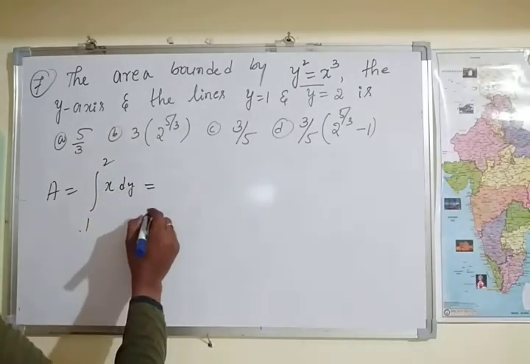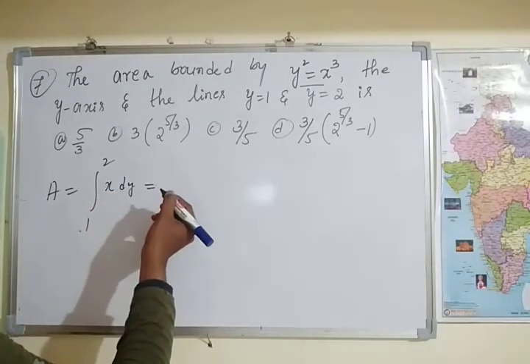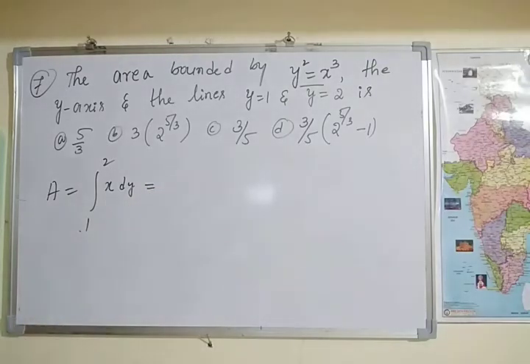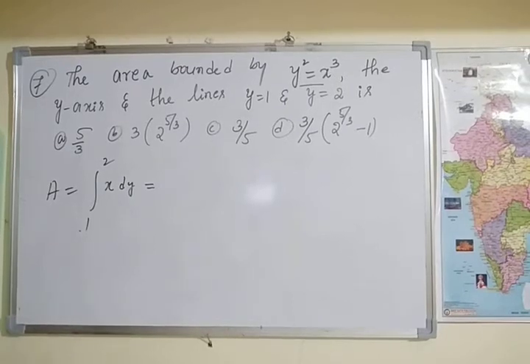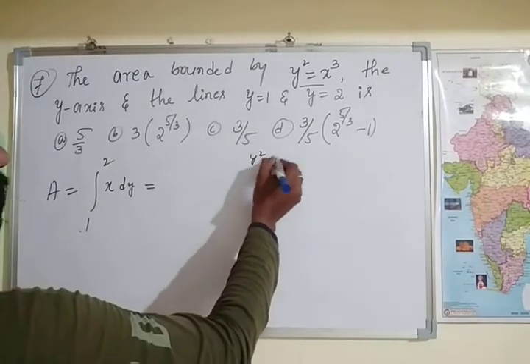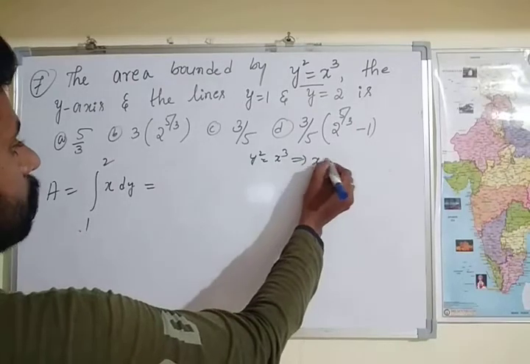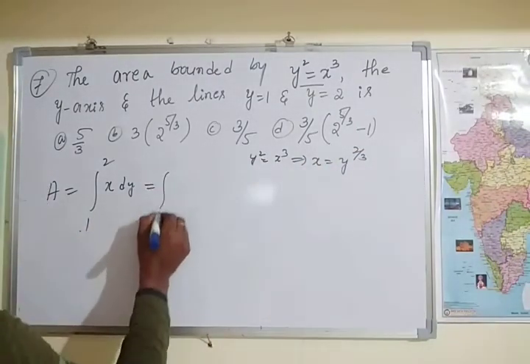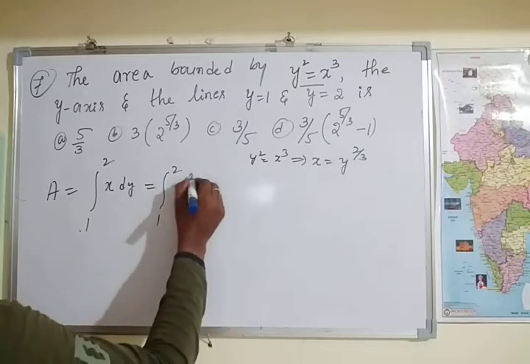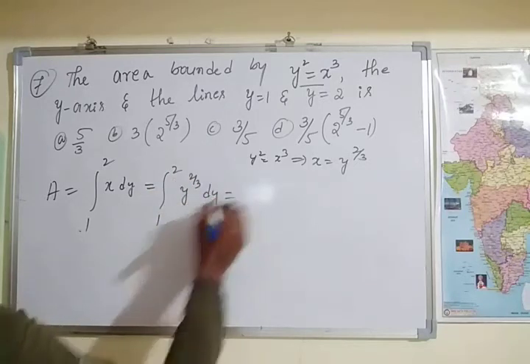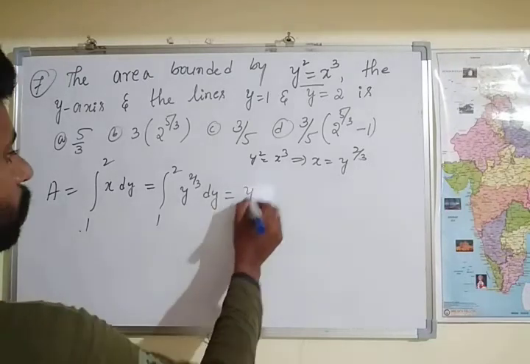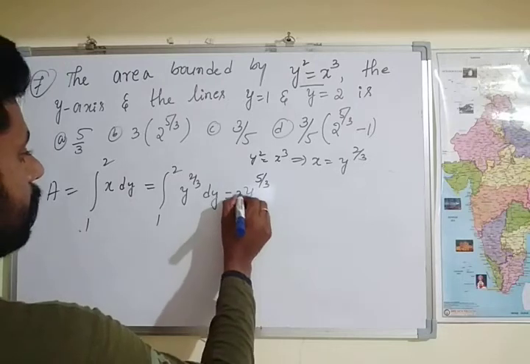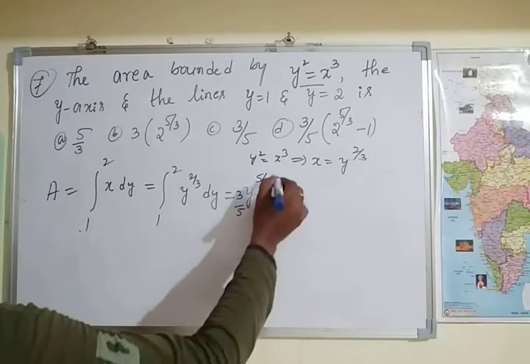For x dy, we consider y² = x³, which implies x = y^(2/3). So this result can be done as the integral from 1 to 2 of y^(2/3) dy. The integral of y^(2/3) is y^(2/3 + 1), which is y^(5/3), divided by 5/3. This becomes 3/5 from 1 to 2.